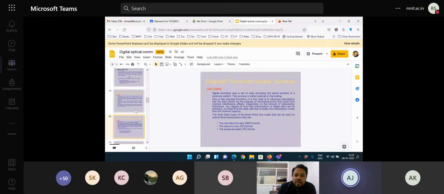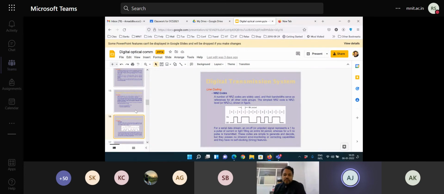These are two-level codes. Even multi-level codes can be used, but in optical communication systems multi-level codes are usually not preferred, because when you use multi-level codes, elimination of additive noise becomes a bit difficult.